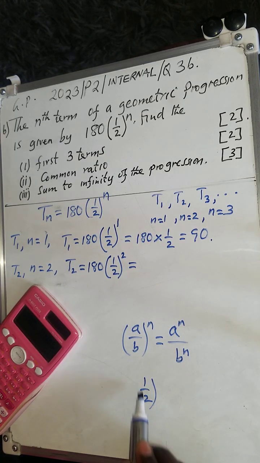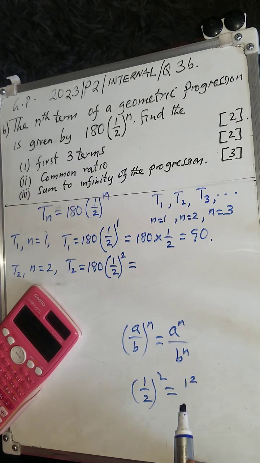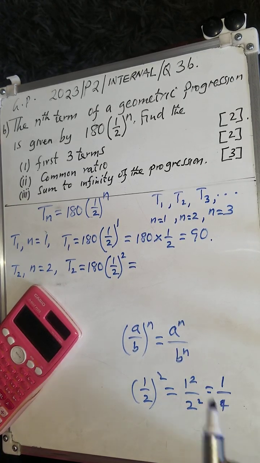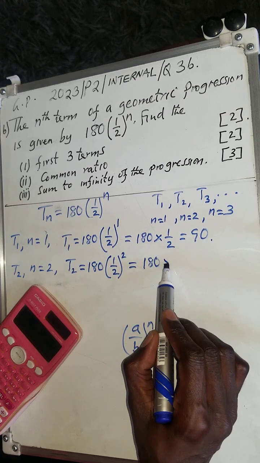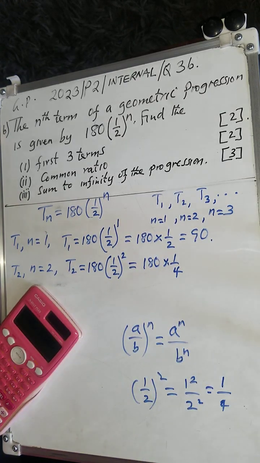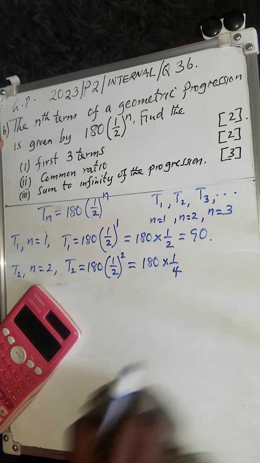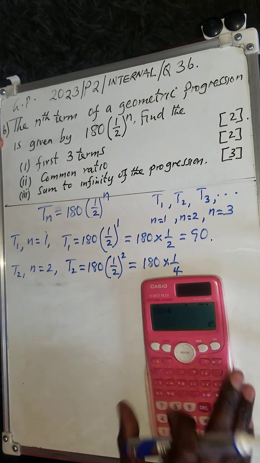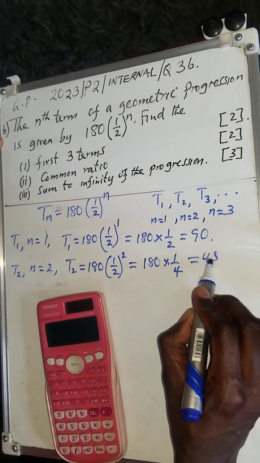So 1 over 2 raised to the power 2 can be written as 1 squared over 2 squared. What is 1 squared? It's 1, and 2 squared is 4. So you are going to have 180 multiplied by 1 over 4, which is the same as 180 divided by 4. That is going to give you 45.